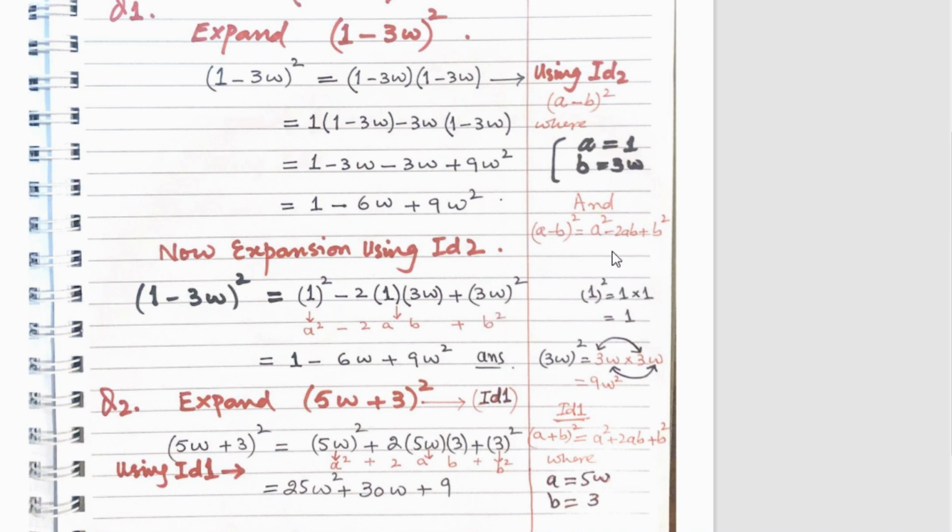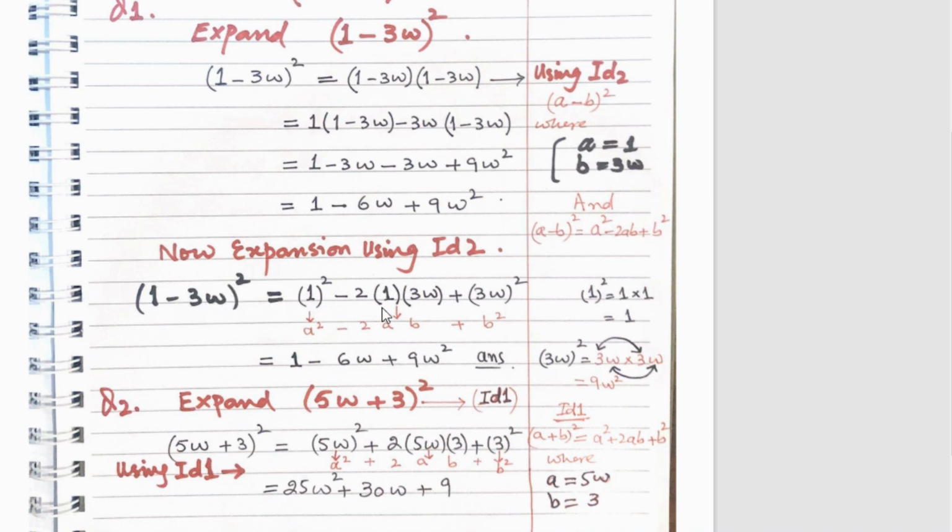Similarly, come to the third term, B square. What is B? 3w. So we will write down plus (3w) whole square. Don't notice this negative sign. This negative sign is just helping us to judge which ID we are going to use over here. This sign is giving us the sense of the second ID, which is (A minus B) whole square.